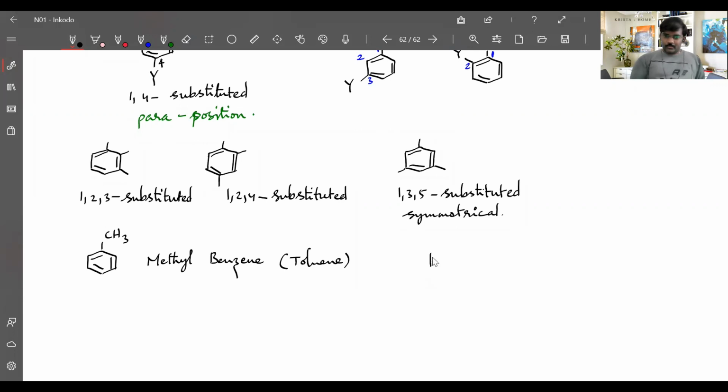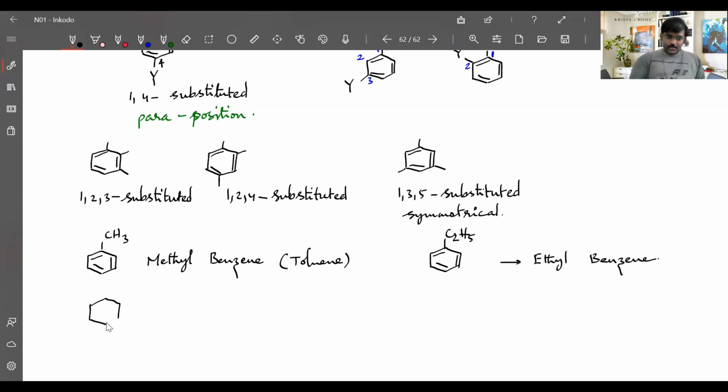So next, C2H5 is attached here. This is called ethyl benzene. Next, halogens.